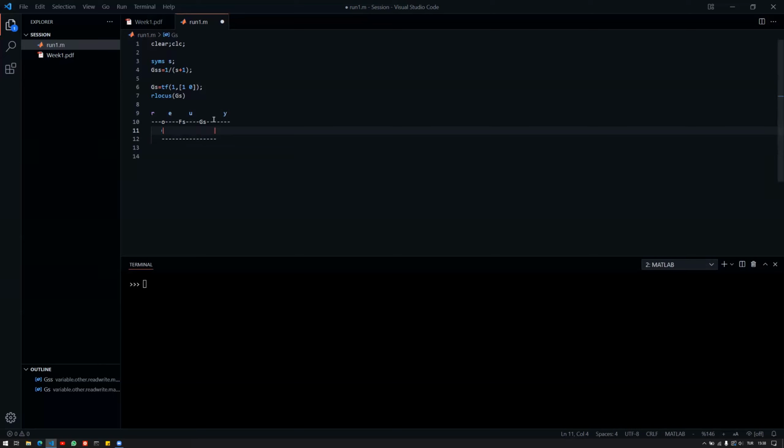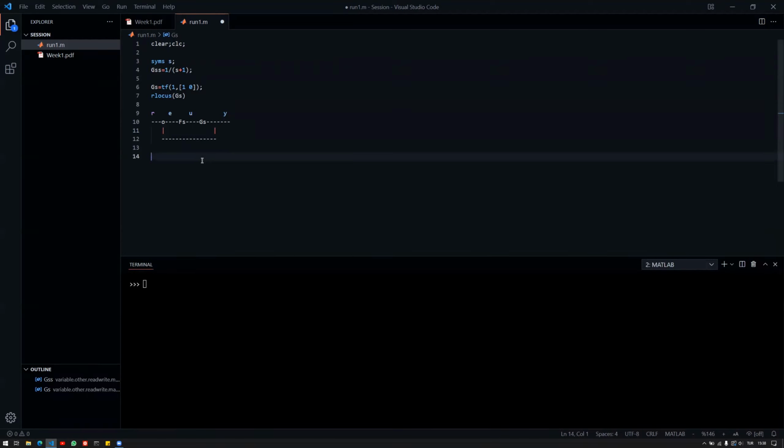Now, the thing is that we need a sensor, a measurement of the output. We feed it back, so we take the output compared to the reference, and the difference between the reference and the output is basically the error, and this should go to 0. So this should be a signal that ends up being equal to 0, because in that case r minus y should be equal to 0.